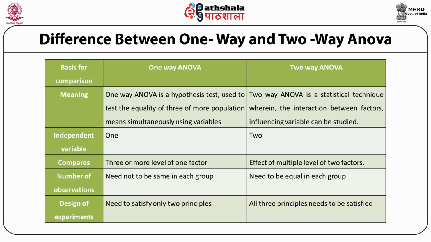While discussing the design of experiments, we discussed the principles of design of experiments, in which we discussed three principles. The one-way ANOVA should satisfy only two principles out of those, and a two-way ANOVA has to satisfy all three principles of design of experiments.